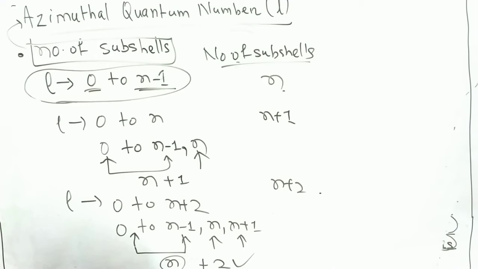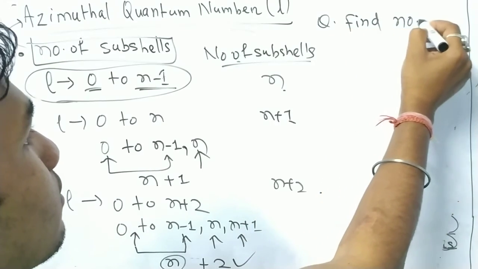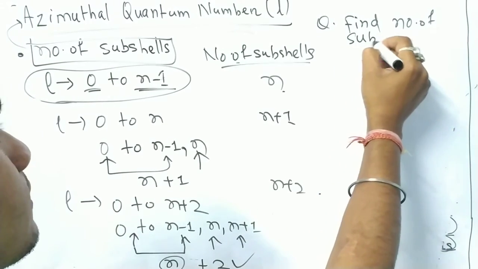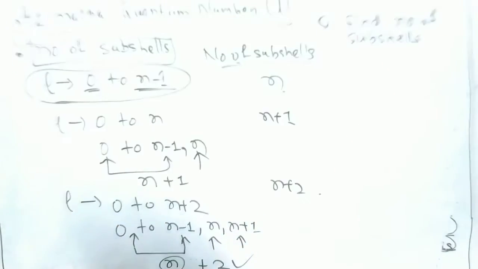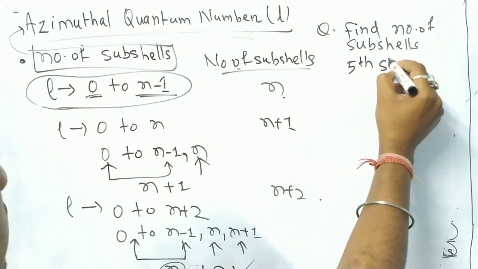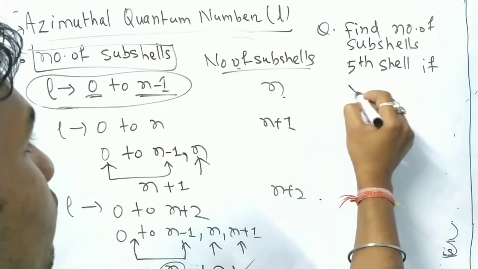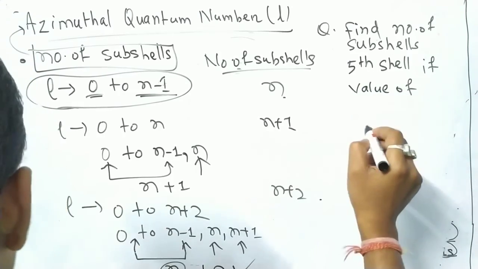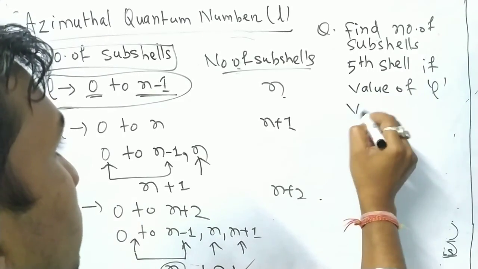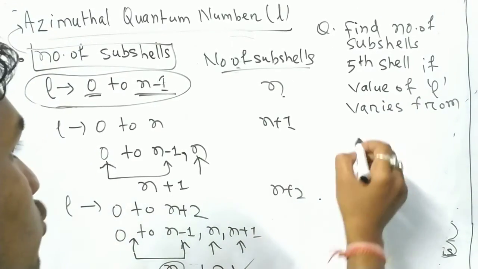So we'll ask you a question. Find the number of subshells in the fifth shell, if the value of l varies from 0 to n minus 1.